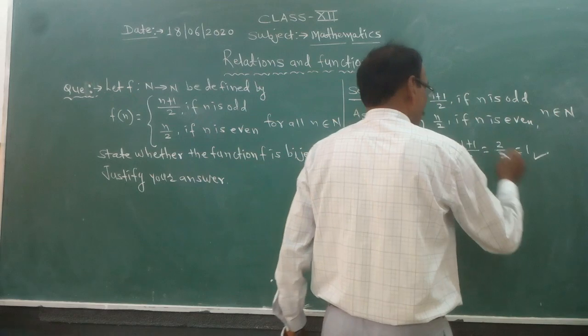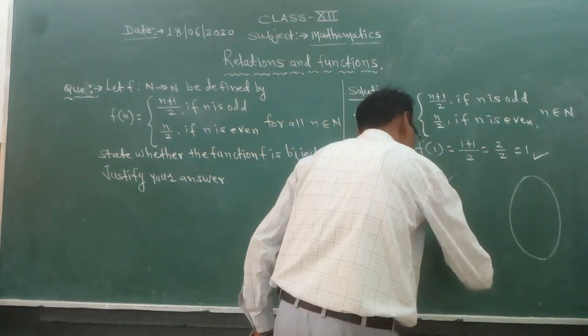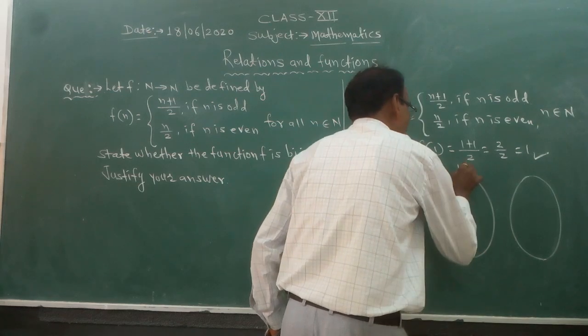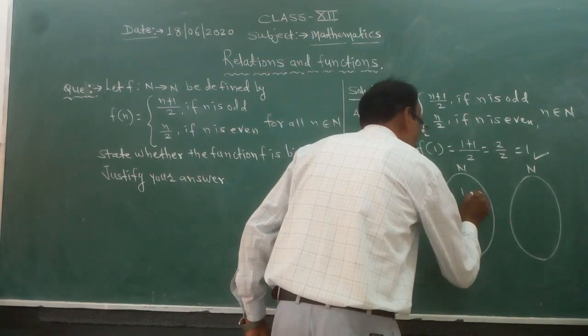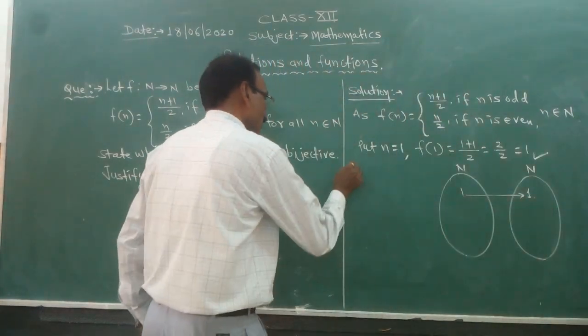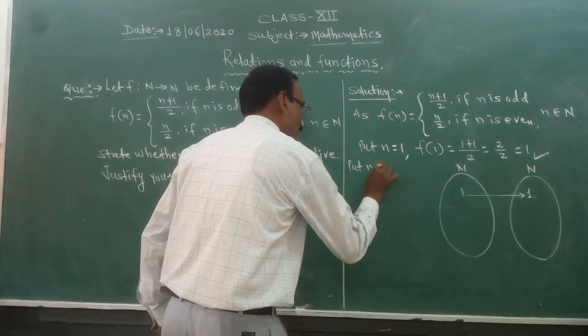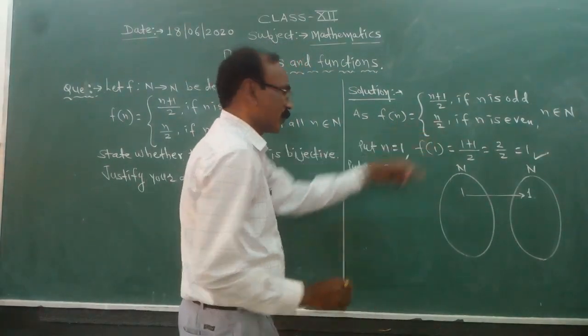It means 1 is related with 1 in the set of natural numbers under this function f of n. Now put n equal to 2, an even number, so the function f of n is equal to n by 2.